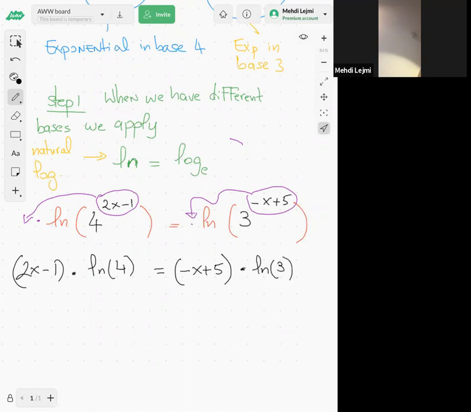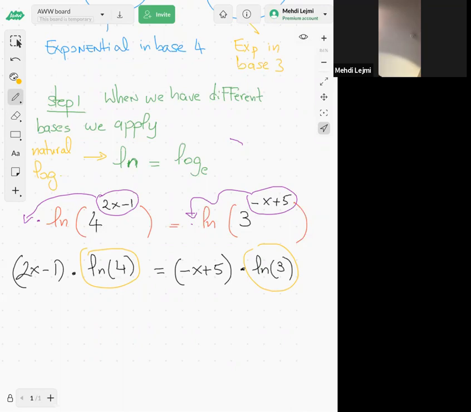Now, don't be scared of this natural log of 4 or natural log of 3. Okay, they are just numbers. They're just decimals, right? If you have the calculator, you can compute the natural log of 4. It's probably 2 point something. Anyway, natural log of 4 is some decimal, just some number.